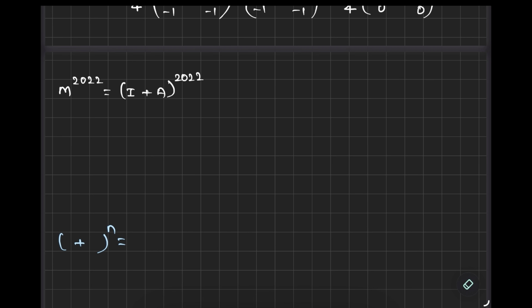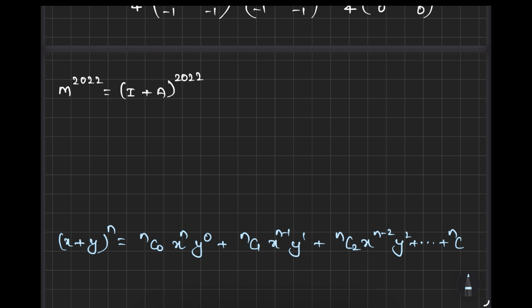So x and y: nC0 y power 0 x to the power n, plus nC1 y power 1 x power n minus 1, plus nC2 x to the power n minus 2 y power 2, and so on. And the last element will be nCn x power 0 y power n. So this way we will expand.